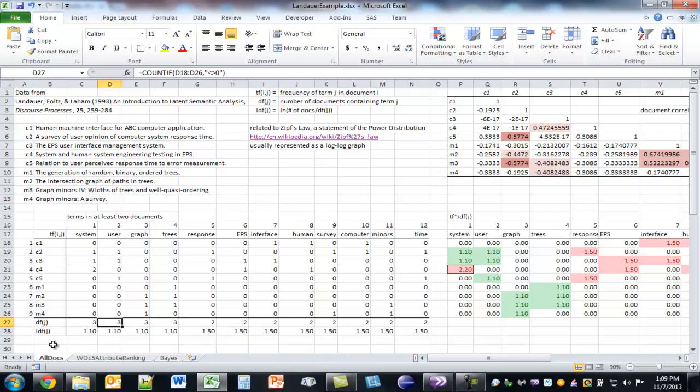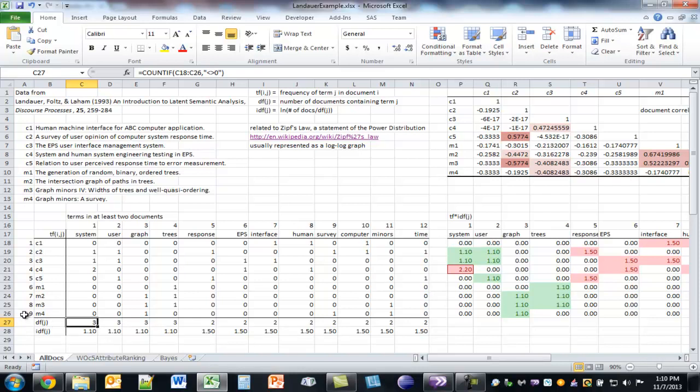And the weighing factor is actually a logarithmic. So let's look at the equation for term document, inverse document frequency. If you look at the formula, it's a log function, and A26 turns out to be the number of documents I have. So we take the number of documents, we divide it by how many documents this term is in. And the reason we do it that way instead of the other way around is because we get positive logarithms if we do that.